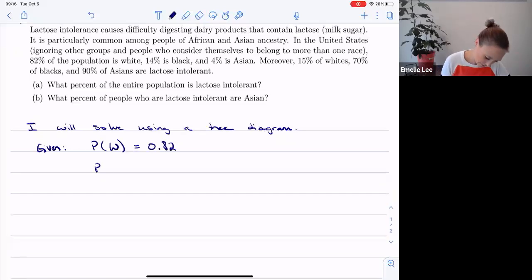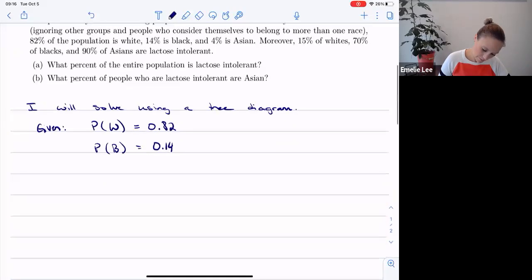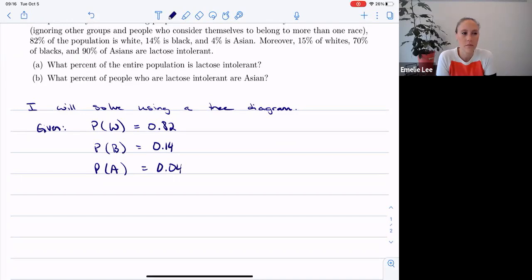The probability of someone being Black is 0.14. And the probability of someone being Asian is 0.04. We can add those up and make sure that they add to 1, but they do because we're assuming that those are the only categories, and that's weird, I know.